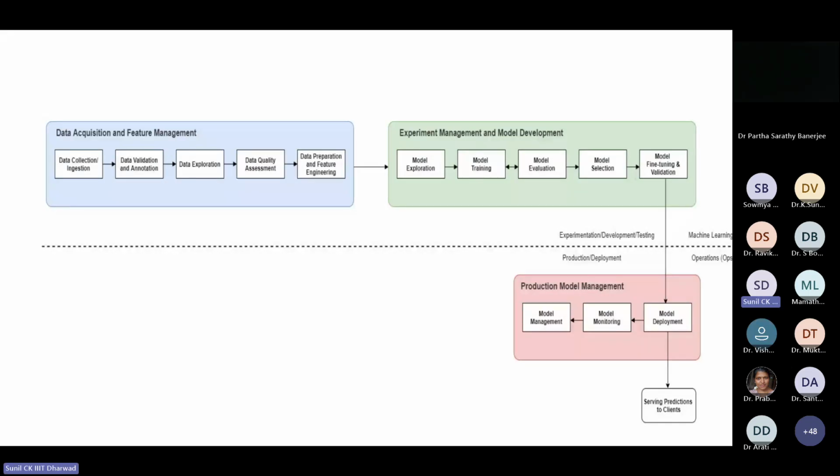Then we will go with experimentation and development, testing, and production deployment. In that case, we are going to deploy the model, with monitoring, model management, and serving the predictions to the client, whoever the client may be. These are the things we generally see in the machine learning life cycle.